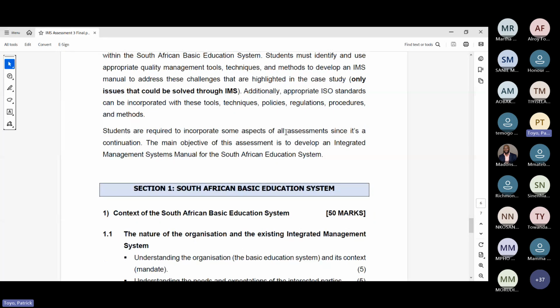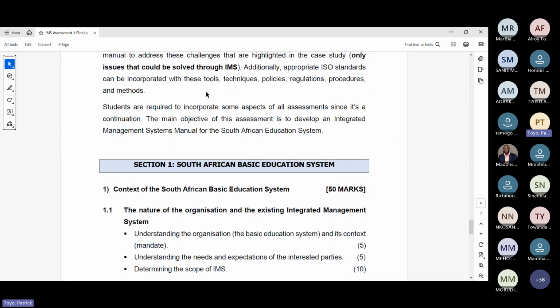Additionally, appropriate ISO standards can be incorporated with these tools, techniques, policies, regulations, etc. Students are required to incorporate some aspects of all assessments since it's a continuation.